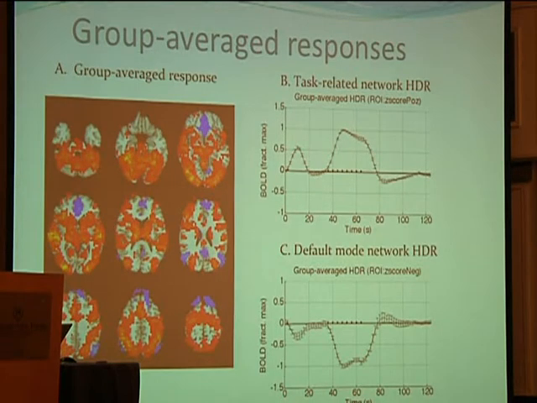And later it was discovered that those areas belong to a network which is currently called the default mode network. The areas in this network are involved in self-referential processes, essentially in self-reflection, moral judgment, replay of past, significant past events, and also planning of one's future.